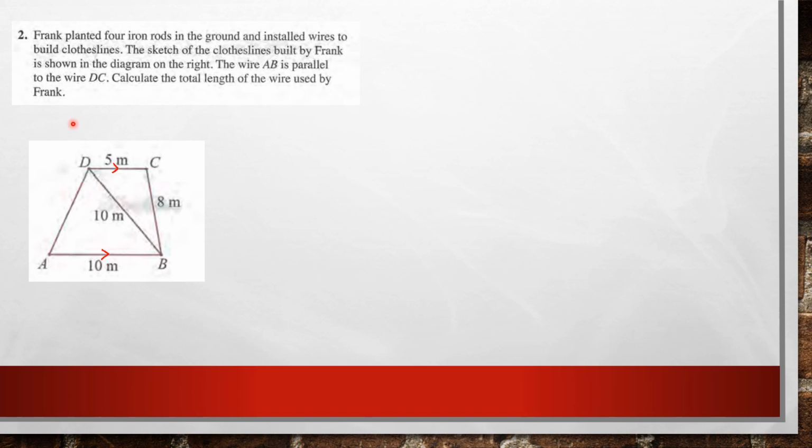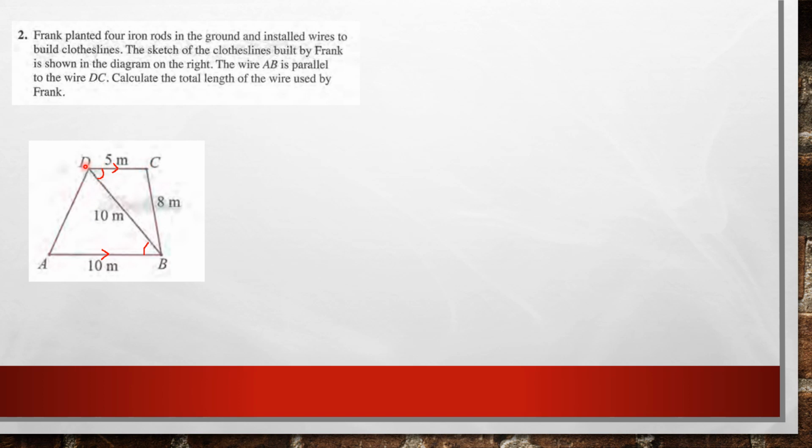So you want the total length. You know AB, you know BC, and you know CD, but you don't know the length of AD. So you want to find the length of AD. What we can do, when they say AB and CD are parallel, is use the concept of alternate angle, or the famous term is zigzag.